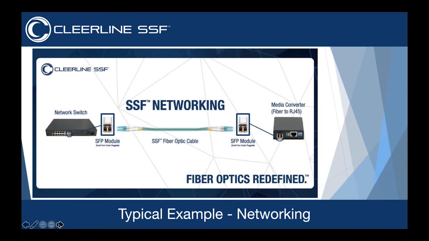Okay. Generally speaking, these guys take 2 fibers, which is part of the reason we sell more duplex fiber than anything else. And so you come out of the switch with the SFP into the fiber, and then you come out of the fiber back into another SFP, which converts the light back into electrons into something like a media converter or another switch.